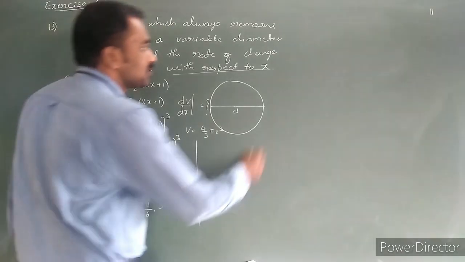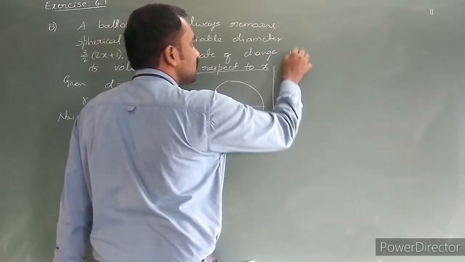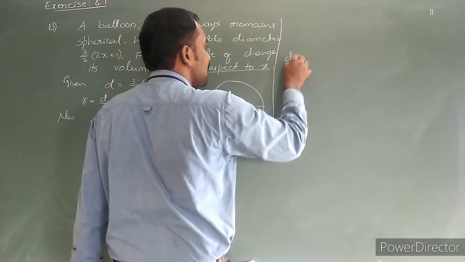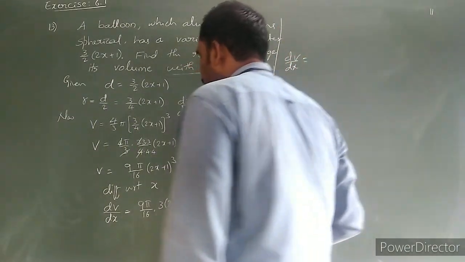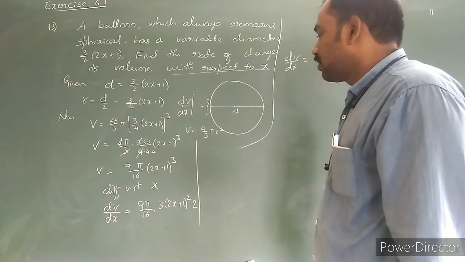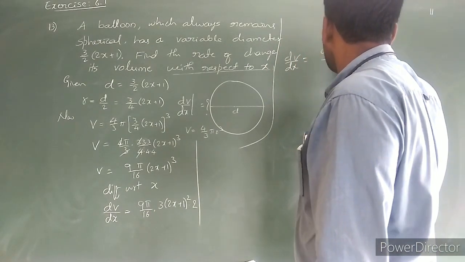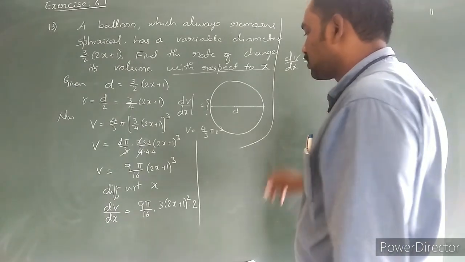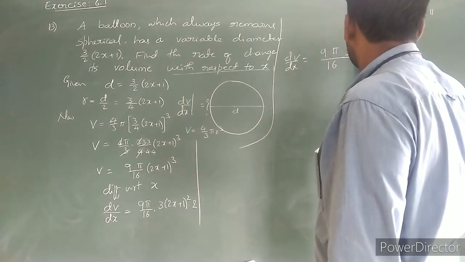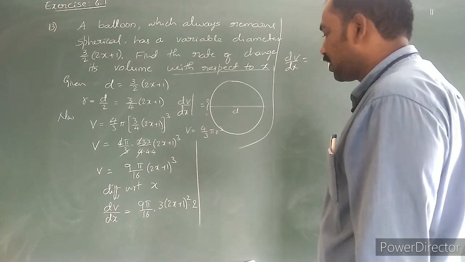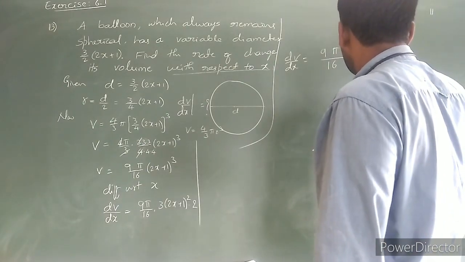Now simplify. So what do we get? dv by dx is equal to 9 pi by 16. So I just write 9 into pi into 3 divided by 16 as it is, into 2 at the beginning. Okay, we can cancel it, no problem.